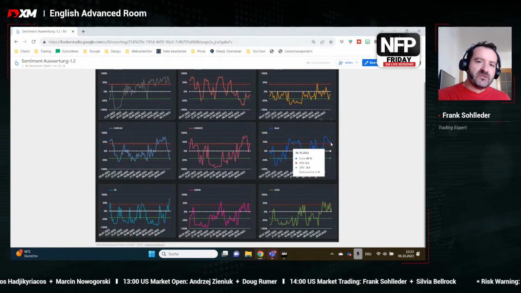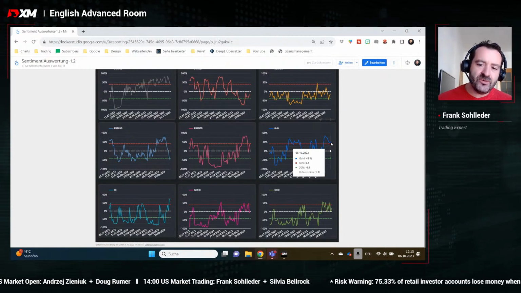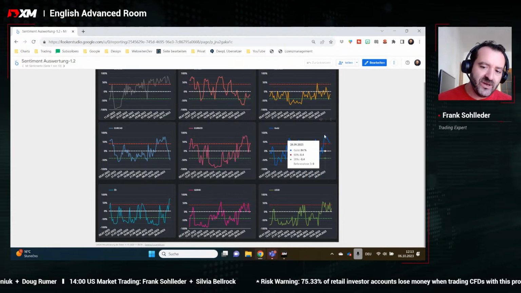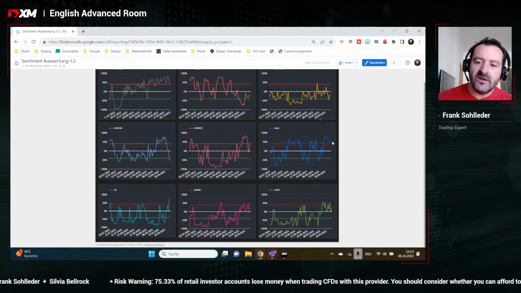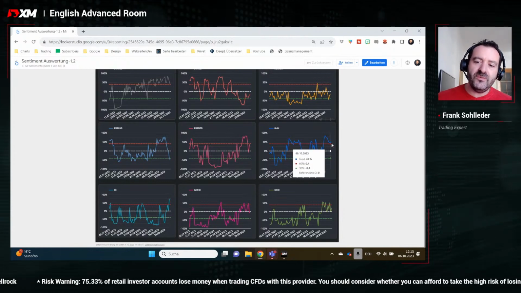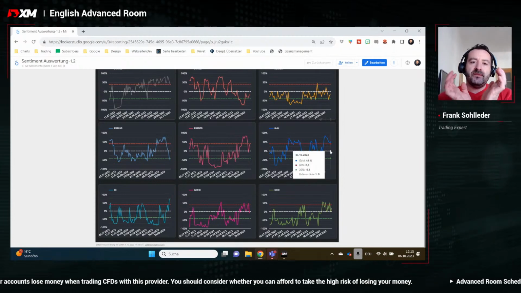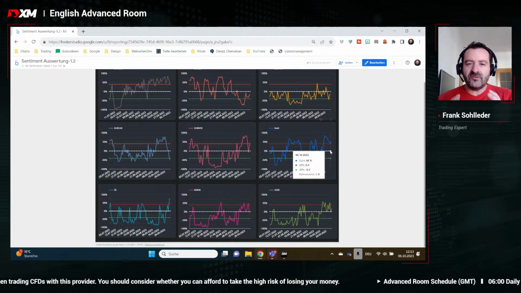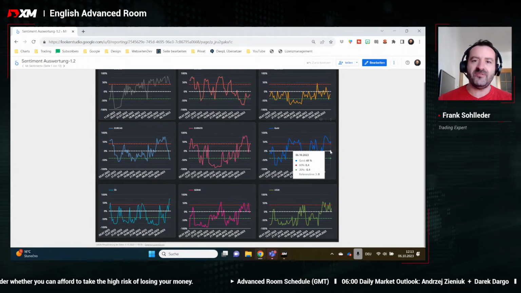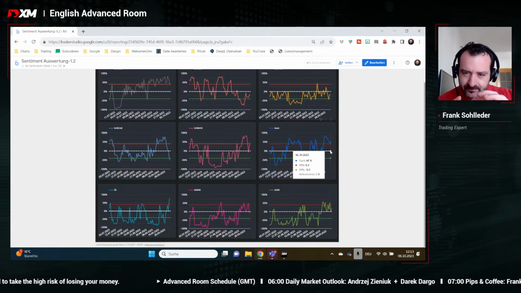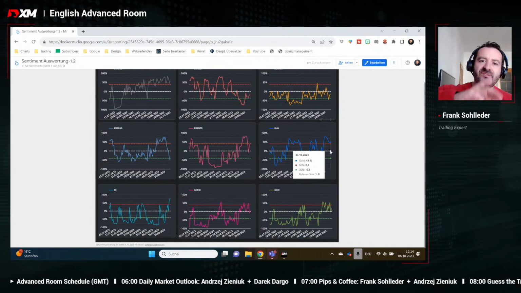As many private traders are losing more money than are making money, I'm rather taking the opposite direction. So if I recognize that so many traders are in long positions, I'm rather looking for the short position. What I'm waiting for as a trigger is if we drop below the zero line, meaning that the private traders are moving from a buying to a selling position.